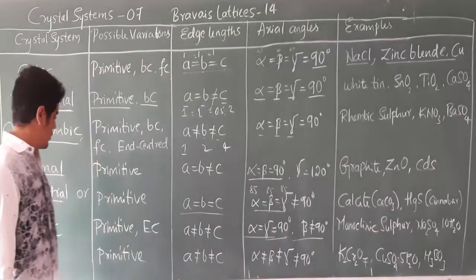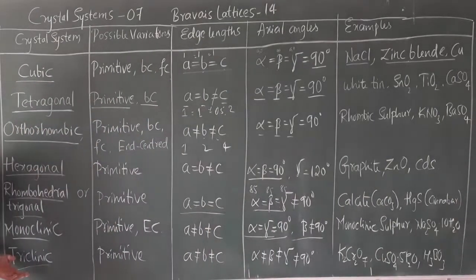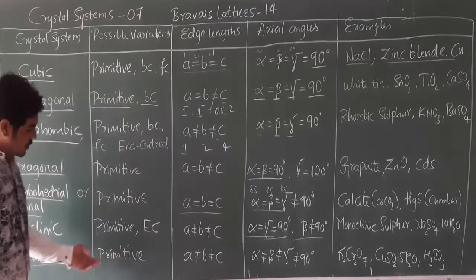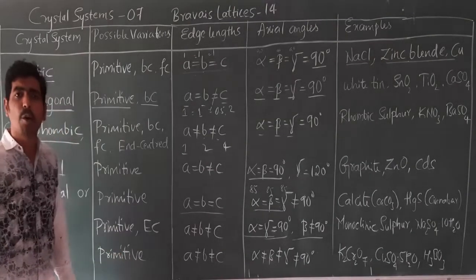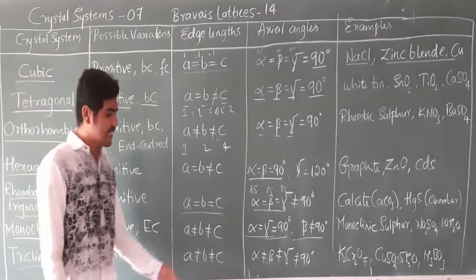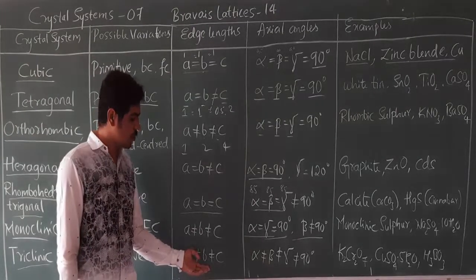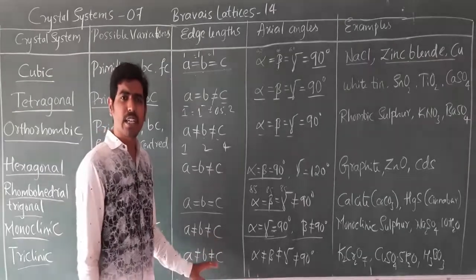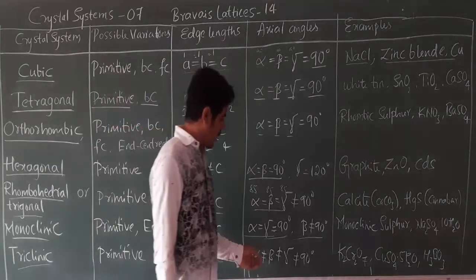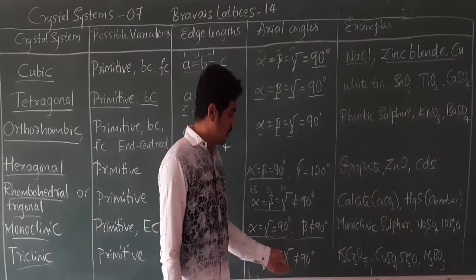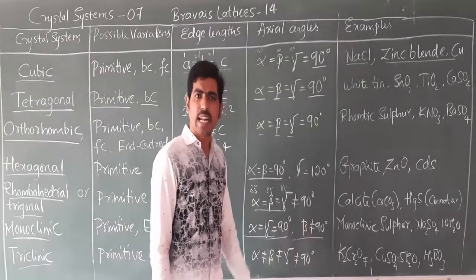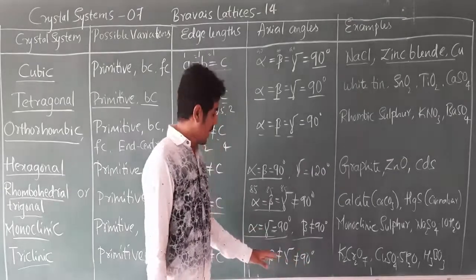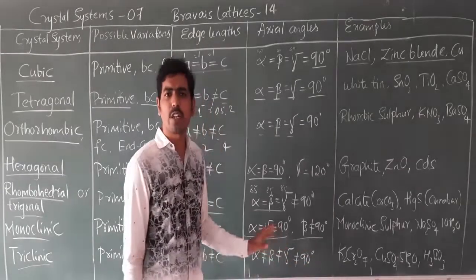Then the next crystal system and the last one is triclinic crystal system. So here the possible variation is primitive, and edge lengths A is not equal to B, B is not equal to C. All have different edge lengths. And alpha is not equal to beta, is not equal to gamma, is not equal to 90 degrees. Means angles are also not equal to 90 degrees, and these also have different values.